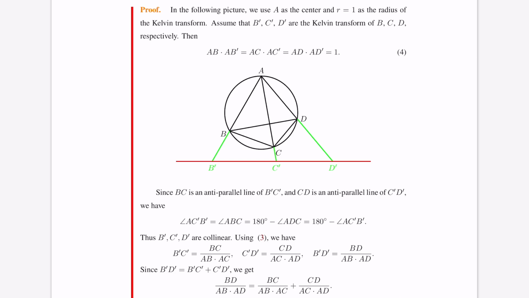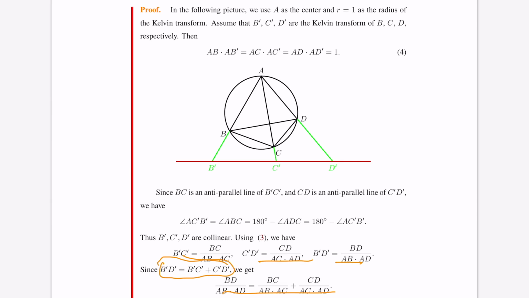On the second Euclidean plane, you just teach the trivial formula that B prime D prime is equal to B prime C prime plus C prime D prime. And they are equivalent because of the relation.